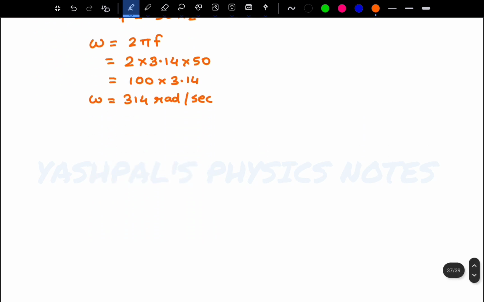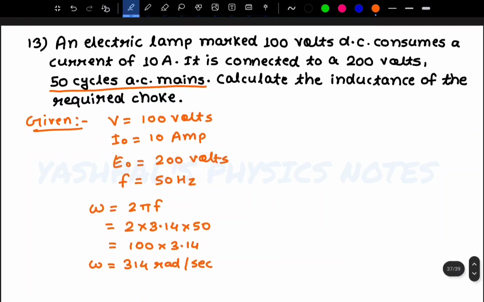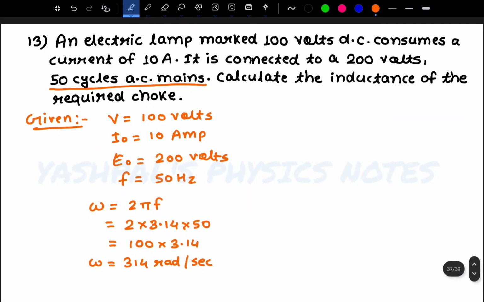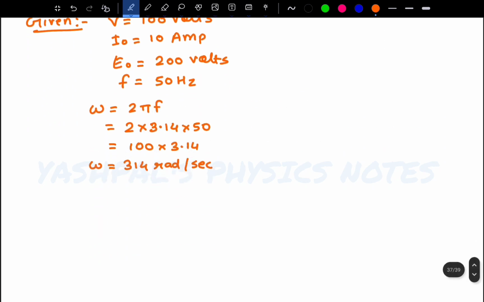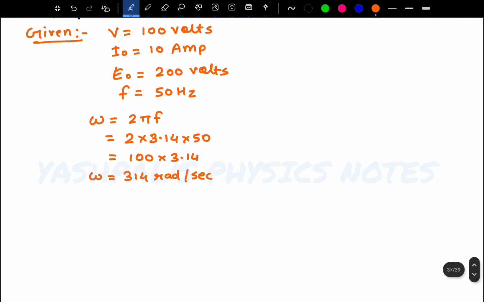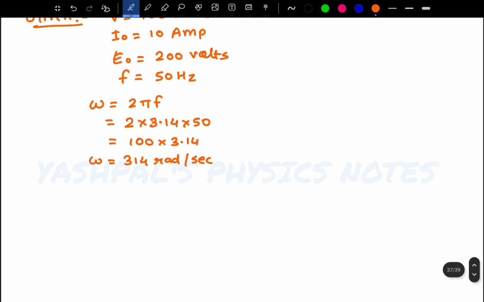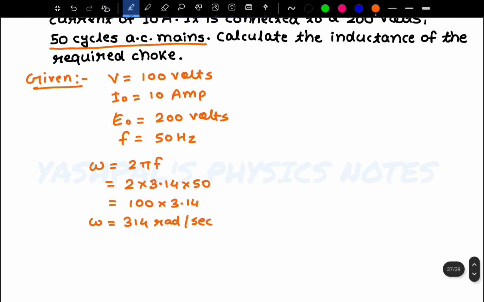Now what we are going to find is resistance. In the question it is not given whether this is an LCR circuit or RC circuit, so we need to find some basic terms like resistance and current. Here we are finding the value of resistance using Ohm's law.